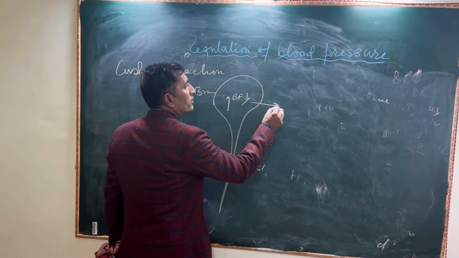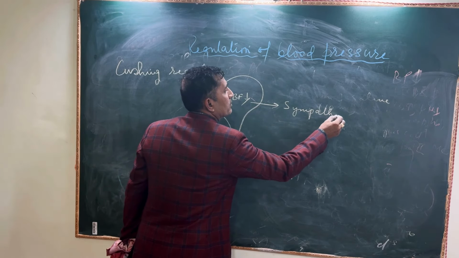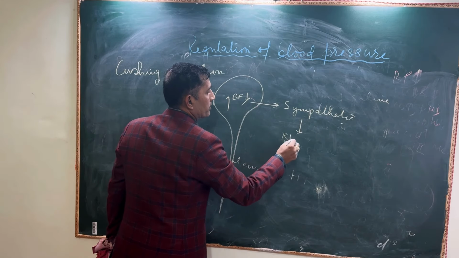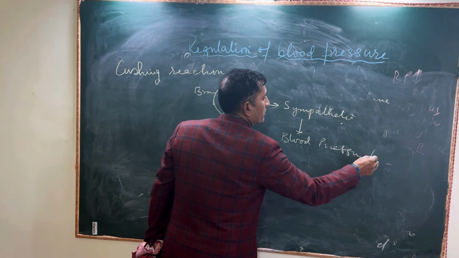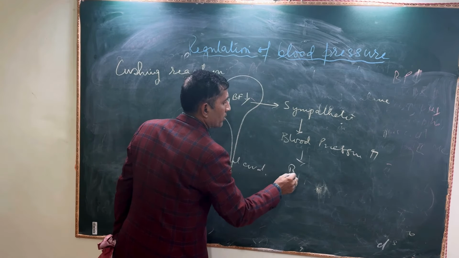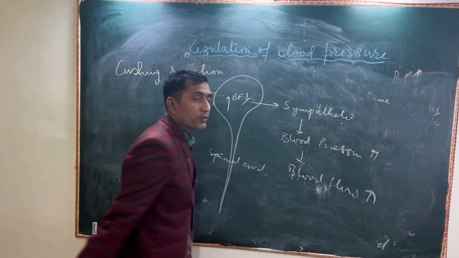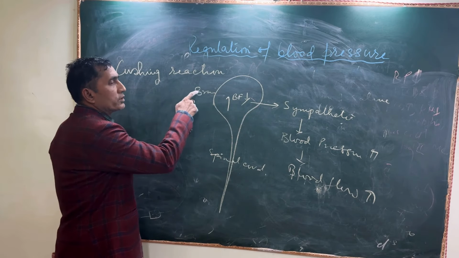There will be a stimulation of the sympathetic system. Then the blood pressure will be increased and blood flow will be restored. So that is the Cushing reaction.